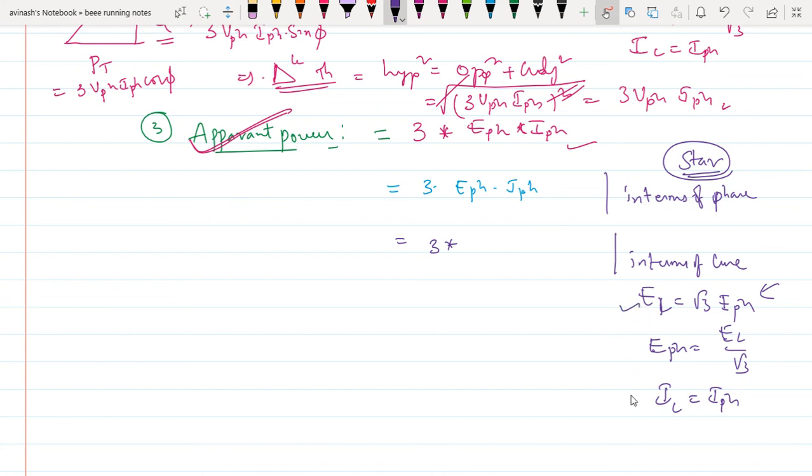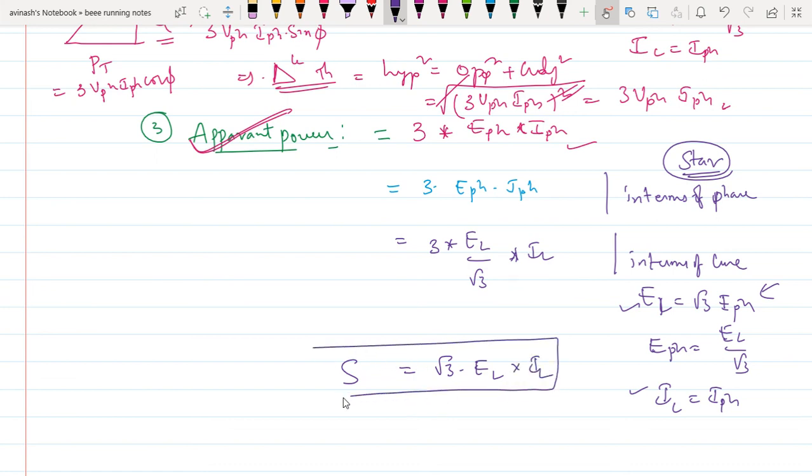Okay. So substitute these values in this equation. Then what do we get here? Phase voltage is equal to line voltage by root 3, into what is the phase current? It is nothing but the line current. Then if you simplify this, the apparent power S is equal to what we get? 3 out of root 3 will be root 3 into EL into IL.